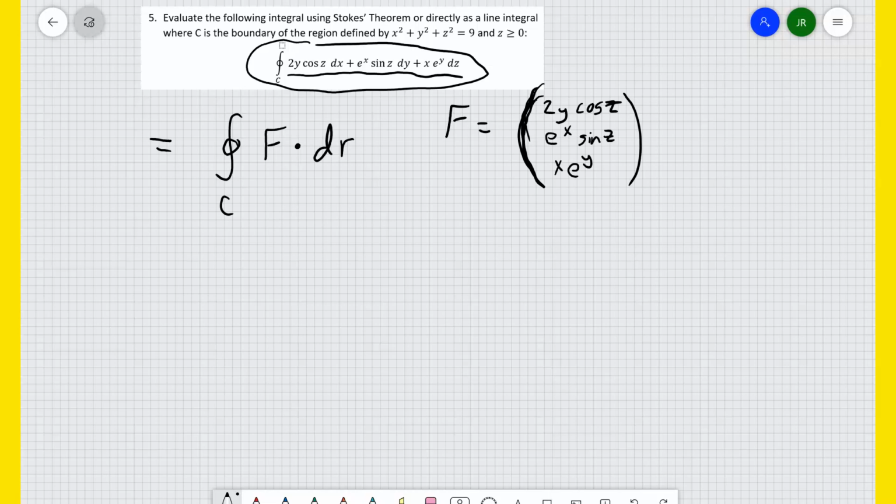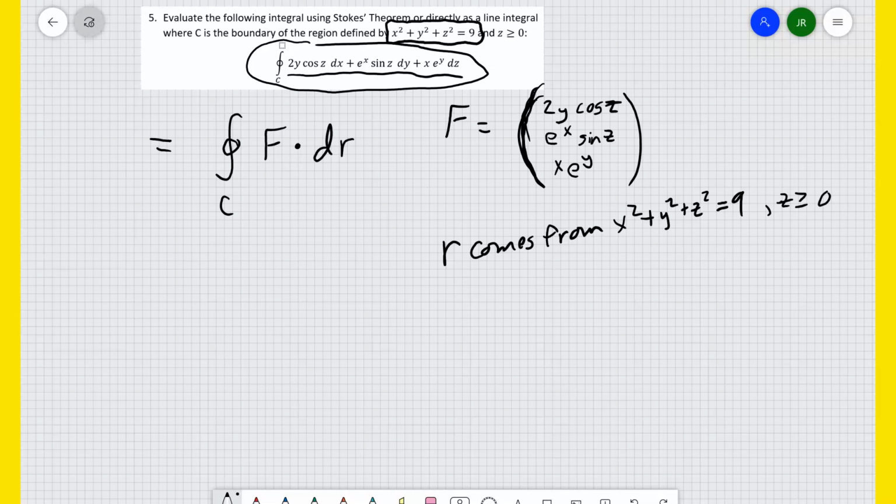Okay. R. We're going to get R from this. This is what's going to be so confusing. R comes from x squared plus y squared plus z squared equals 9, where z is greater than 0.